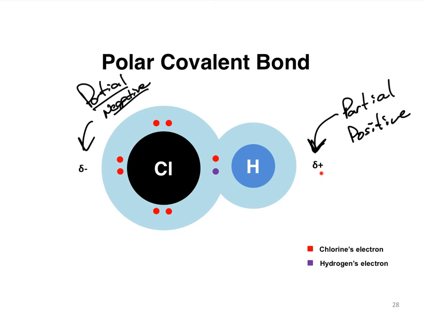So it's only part of the time with hydrogen and part of the time with chlorine. So it's part of the time negative, part of the time positive, and so you get this partial negative and partial positive charge. How big a difference? It's a partial +1 and partial -1. So this is hydrogen's electron, that's chlorine's electron. So they're sharing this pair, all right?